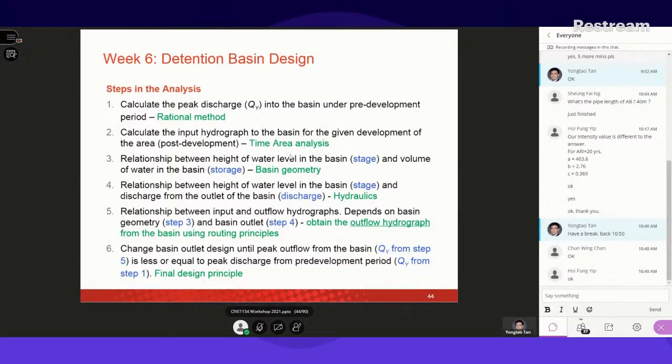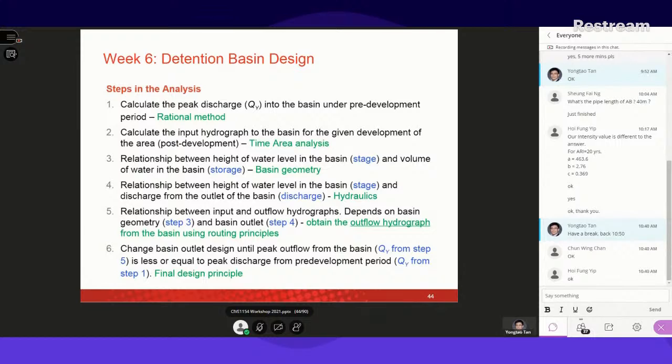Next, we need to know the relation between the height of water in the basin and the volume of water in the basin, based on the geometry of the detention basin. Then the relationship between the height of water level in the basin and the discharge from the outlet of the basin, based on hydraulic models.